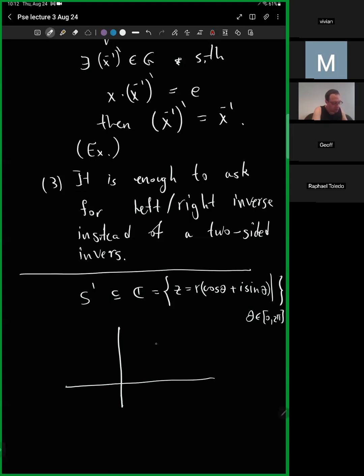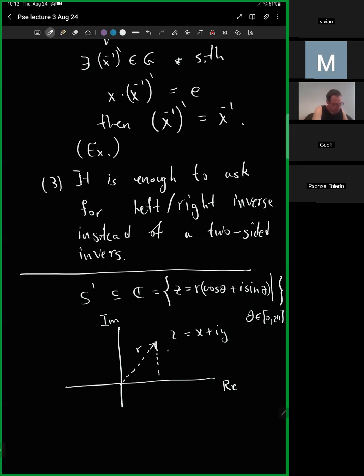So if you have a complex number, here we denote the real axis and the imaginary axis, right? So z is also x plus iy. Then this is the radius.